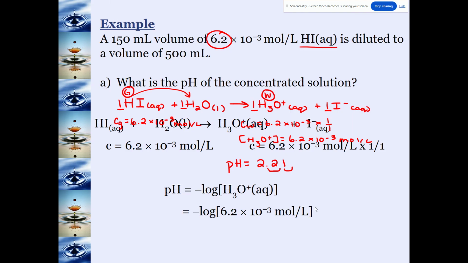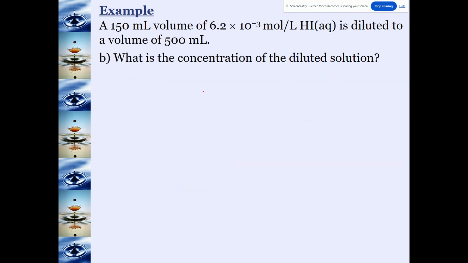Okay, so diluting the solution, we're using CiVi equals CfVf. This is my initial volume, my initial concentration, and this is my final volume. Okay, so to solve for Cf, it would be CiVi over Vf.